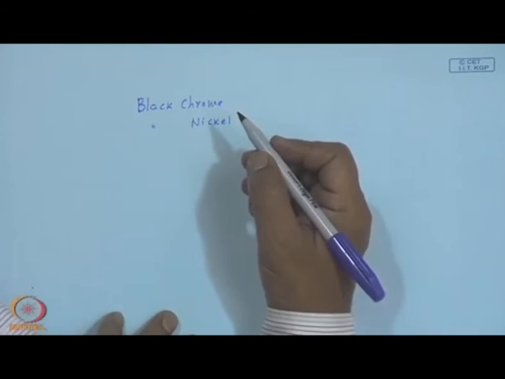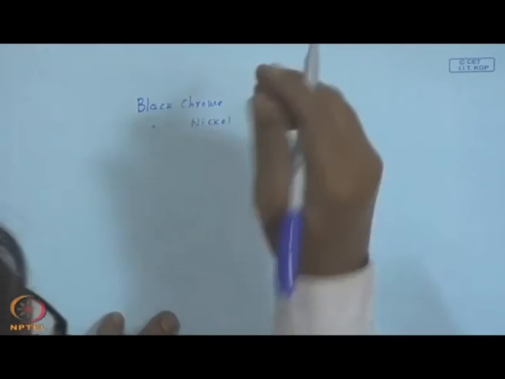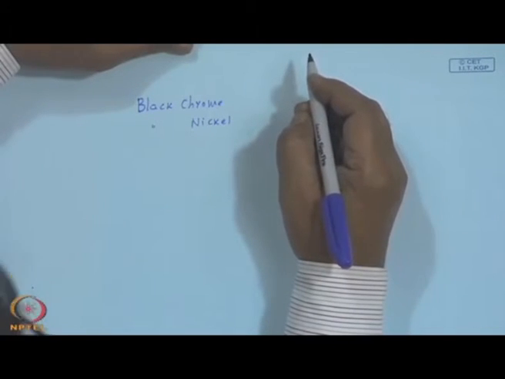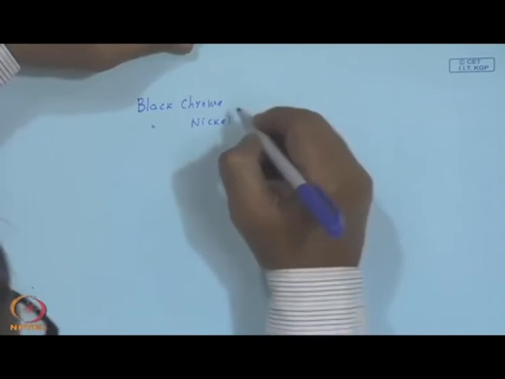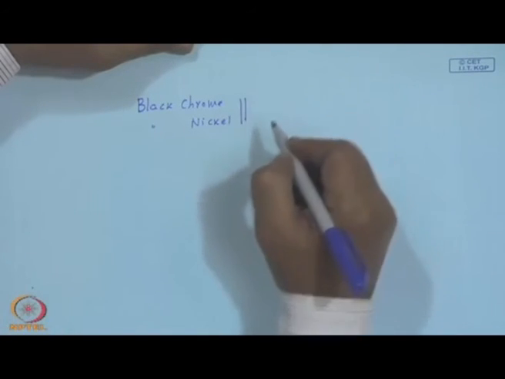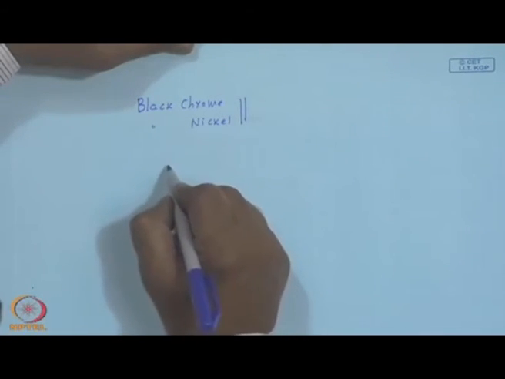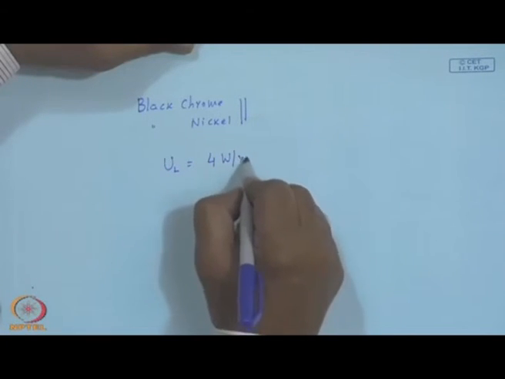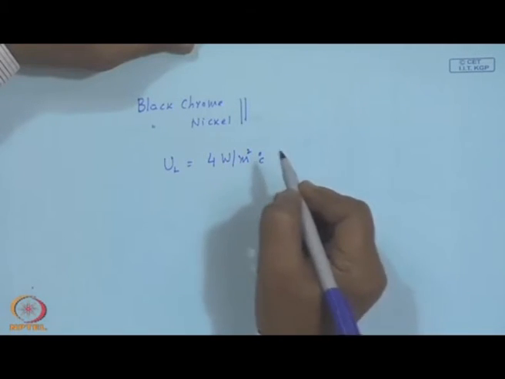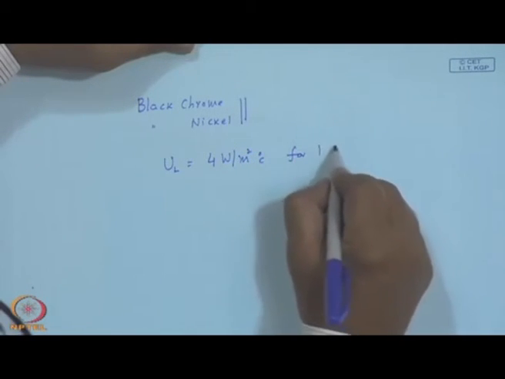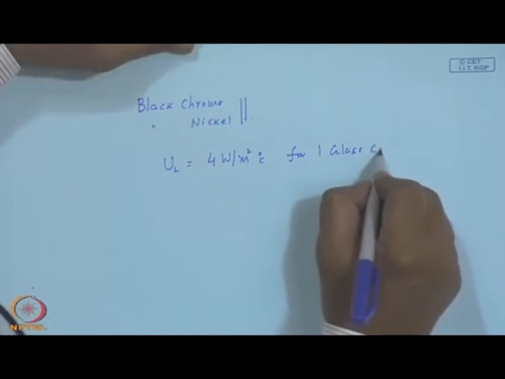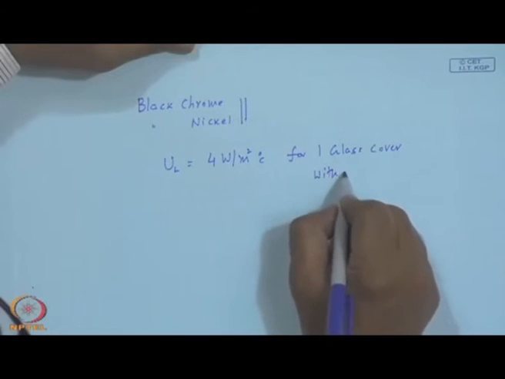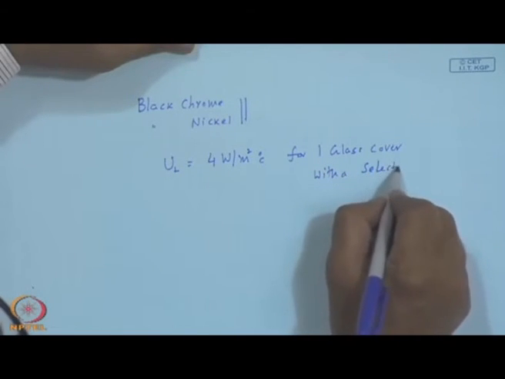There are a number of processes to make a black chrome painting or the black nickel coating on copper or steel surfaces, and these are commercially available, and typically they lead to a UL of 4 watts per meter square degree C for one glass cover with a selective surface.